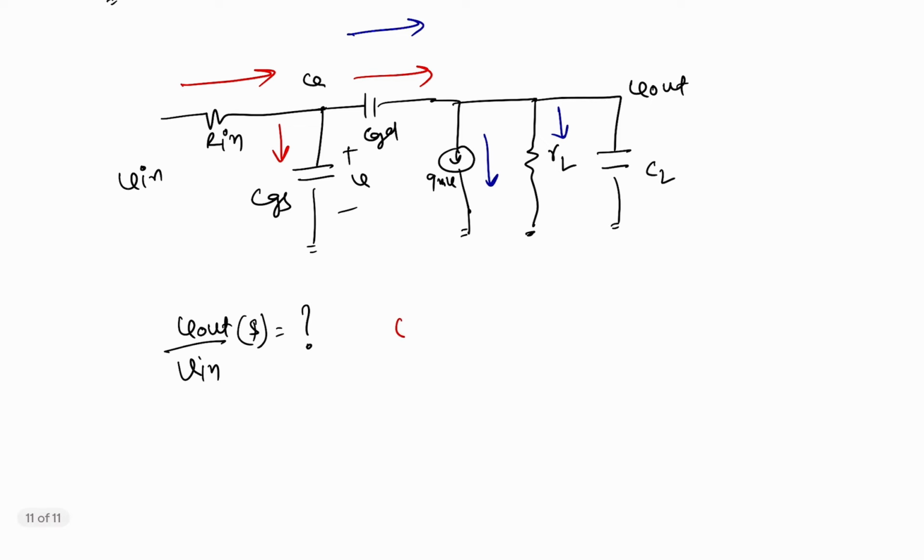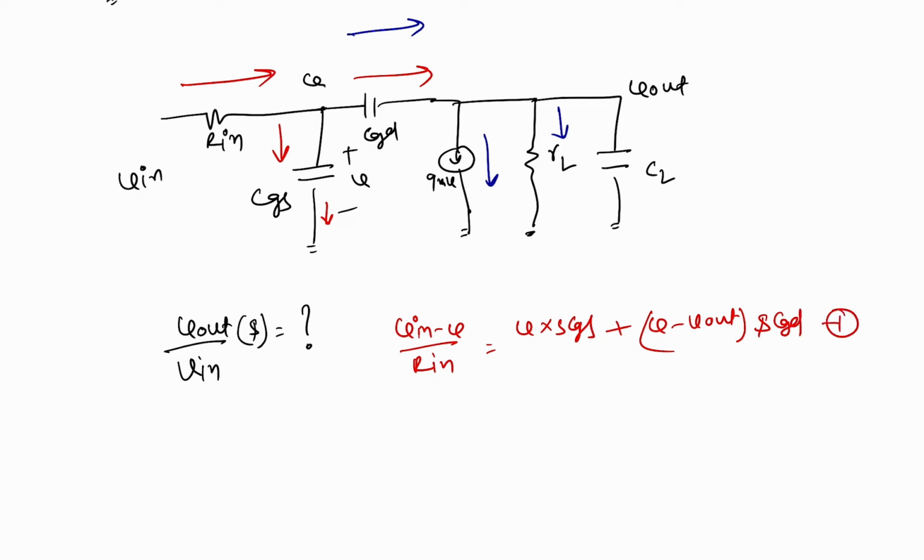The first equation: V in minus V, divided by R in, equals V times S CGS, which is this current, plus the other current, V minus V out multiplied by S CGD. This is equation number one.